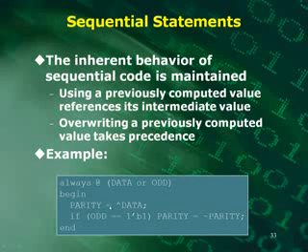Here we started off by saying that parity is equal to the exclusive OR of the data. This is a bitwise exclusive OR of all the data bits, however wide this thing is. And I said if odd equals true, then parity gets set to the not of parity.